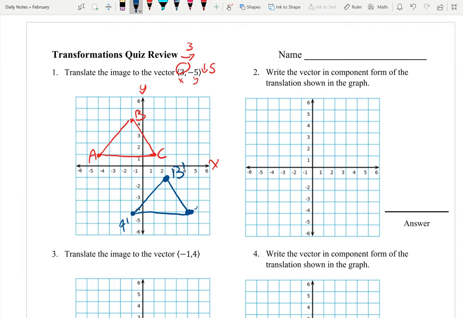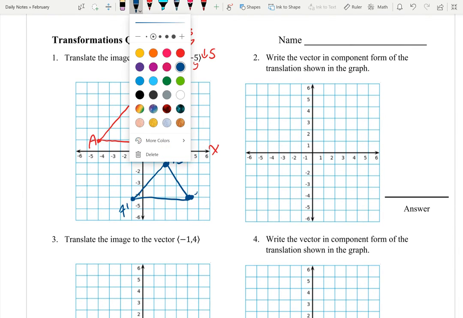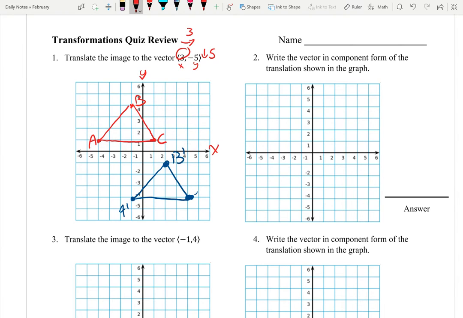Now, number 2, it's got 2 graphs already drawn for us. So I have to put those back up here. We have, let's see here, -4, 1, -2, 4, and 1, 3. So you have this first triangle.